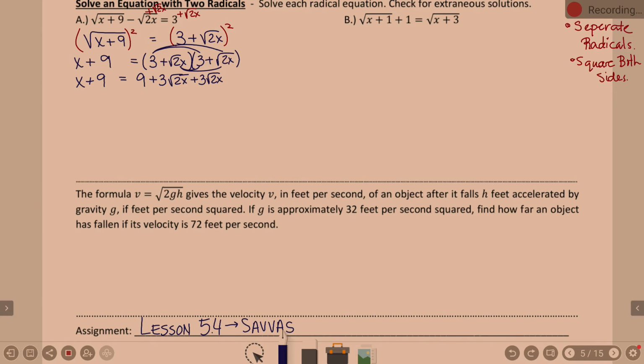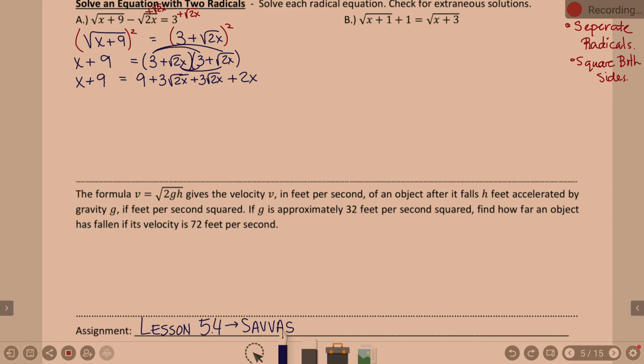And square root of 2x times square root of 2x is going to be square root of 4x squared, or 2x. Remember how we've talked about when you multiply a square root by itself? You could just go ahead and say 2x.